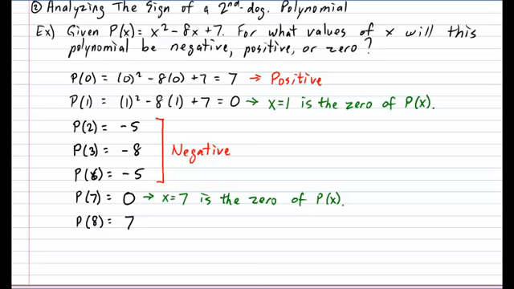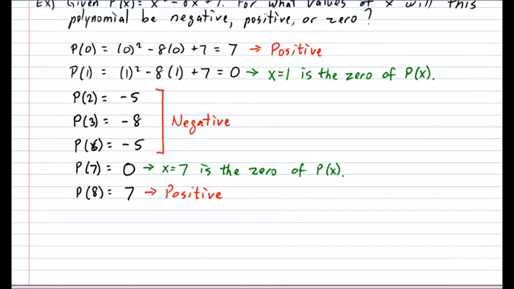Isn't that fascinating? And look at what happens beyond the second zero. It starts being positive again. Very interesting. Well, at least to me, it's interesting. So, how do we state this as our conclusion? It's very easy. We state it with a number line. So our conclusion is the following.